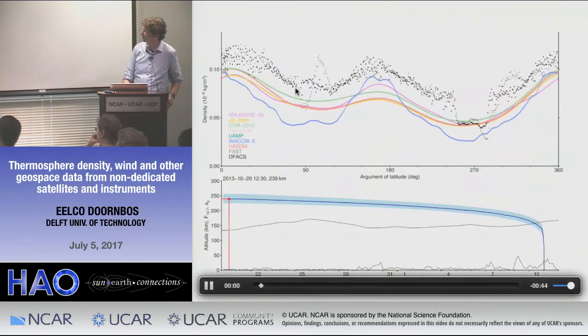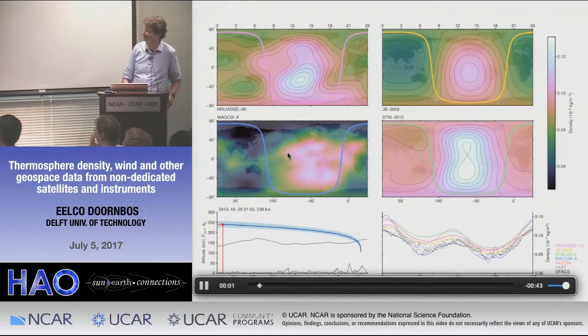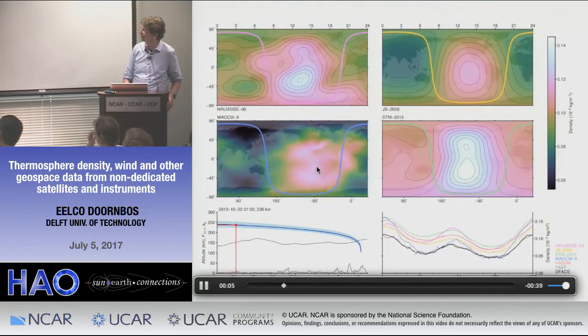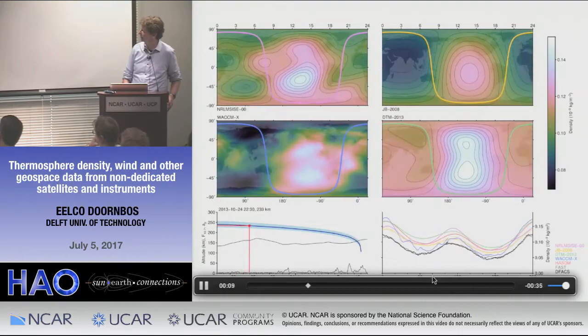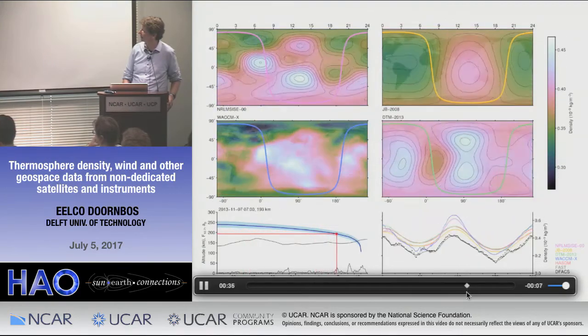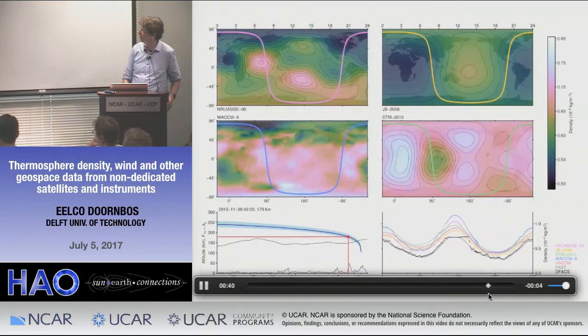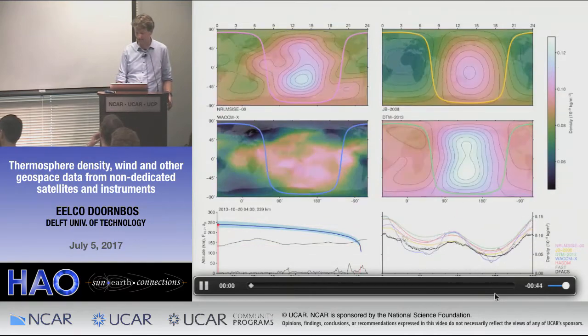And NRLMSIS shows that quite nicely. And WACCM-X, of course, tries to simulate reality, so it shows the most detail. But you can see that DTM and JB2008 were not really designed for that. They keep showing only a few peaks. But still, all of these models keep up quite nicely with the general level of density.